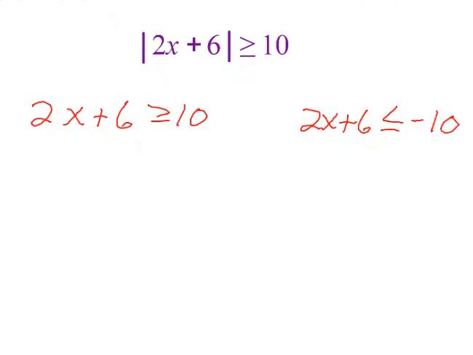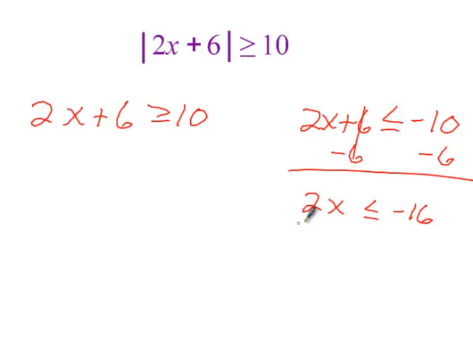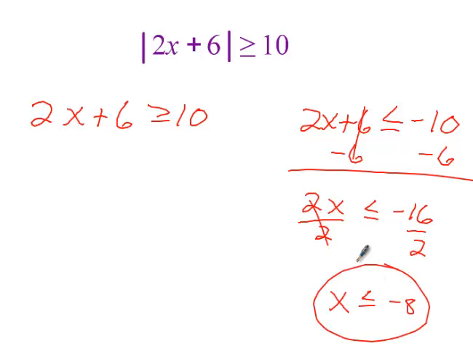Now, solve each piece for x. Because we have inequalities, if you multiply or divide by a negative, you have to flip that sign. So just work through it like you would a regular inequality. And as you work, you're going to get x less than or equal to negative 8 on the right-hand side.